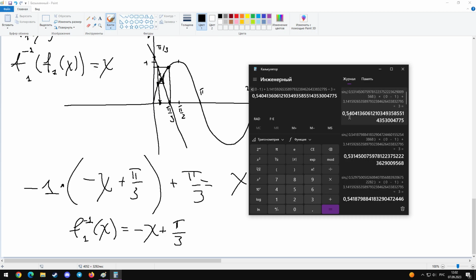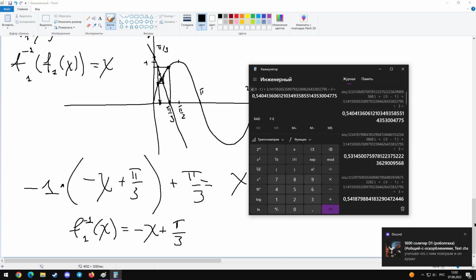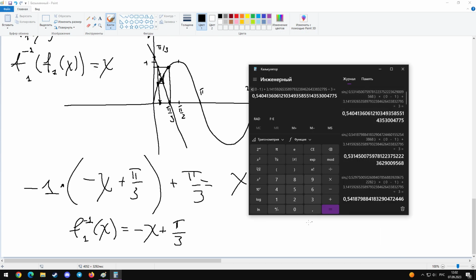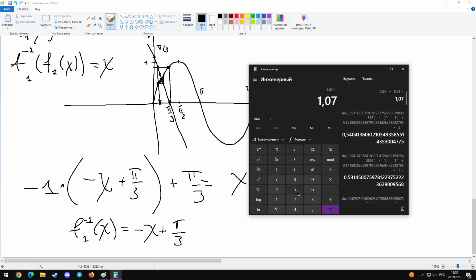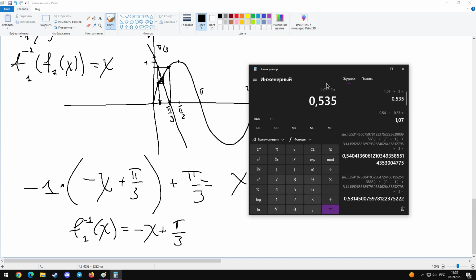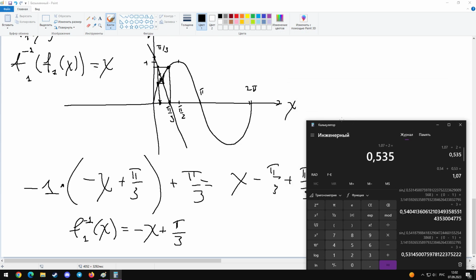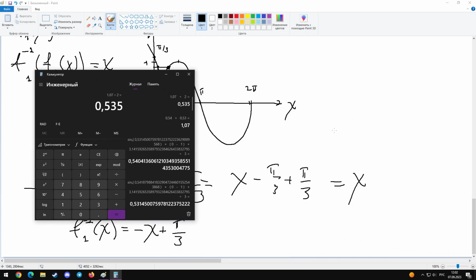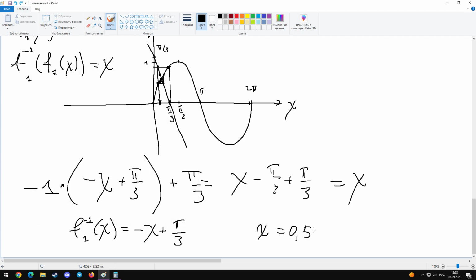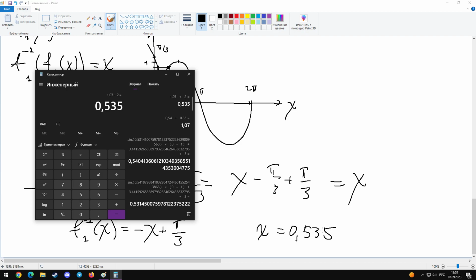Let's take the average between these 2 points. 0.53 plus 0.54 divided by 2. So that's our x. x equals 0.535.